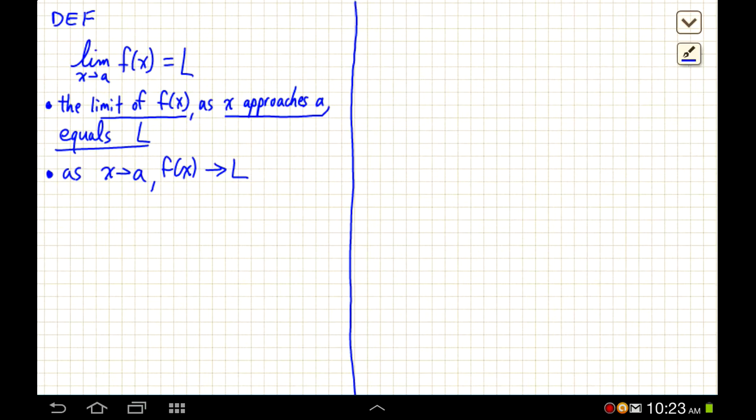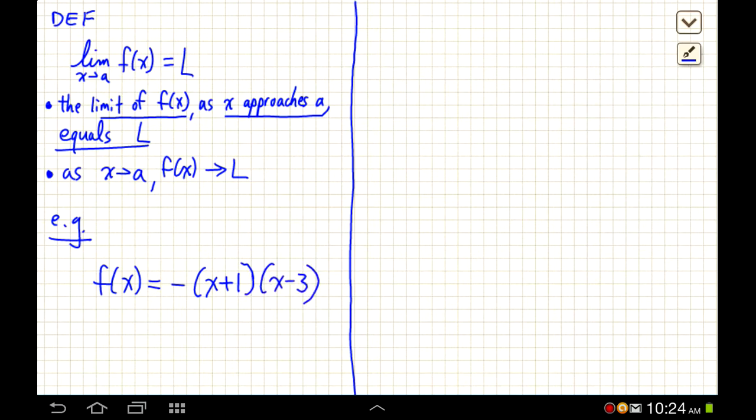And let's just come to an example here. Let's consider we want to find the limit for a parabola. The function that we want to deal with in this problem is negative (x plus 1)(x minus 3).